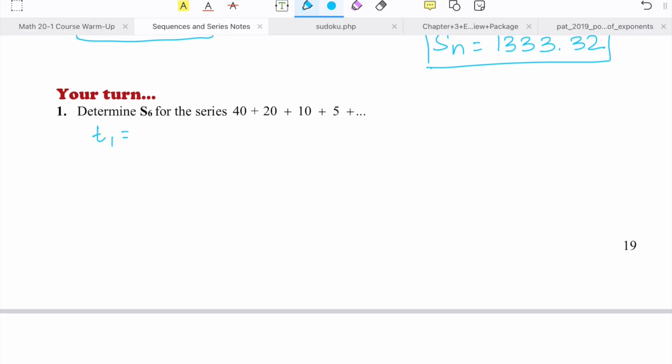Figure out what your T1 is, what your n is, and what your r is. T1 is 40, right? The first term. Number of terms, 6. And the ratio will be 20 over 40, which is just half, 0.5. Now put that in the formula. Which formula would you prefer?